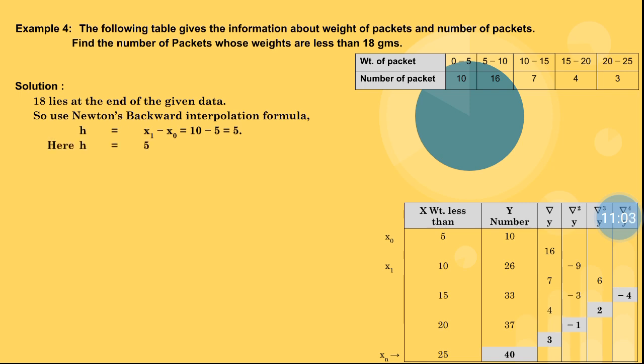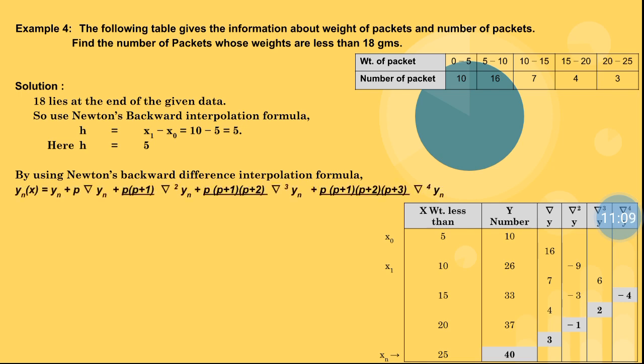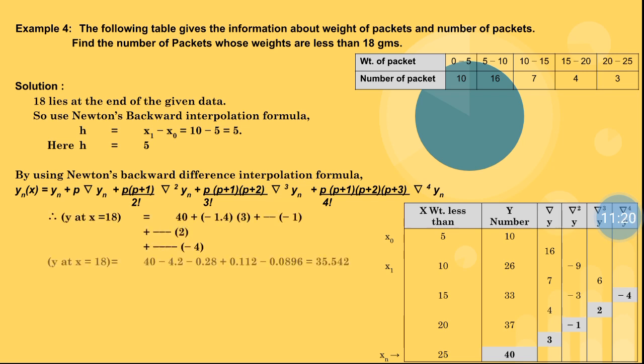Then h you can see is 5, and p is (x minus xn) upon h. x is 18 minus 25 upon 5 will give you the value of p, and substitute the values. We get the answer as approximately 36.